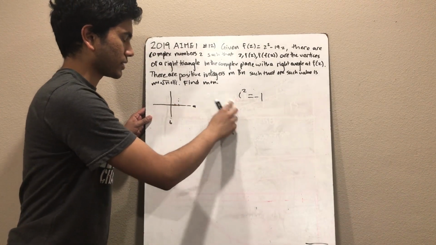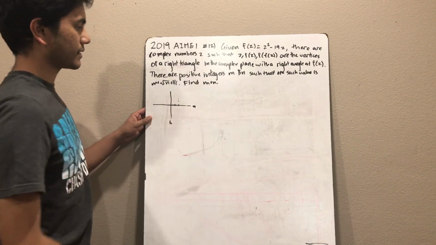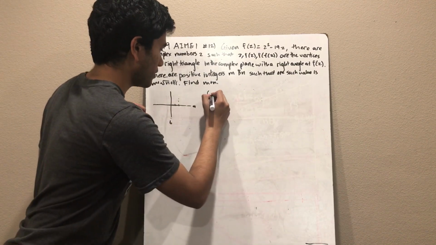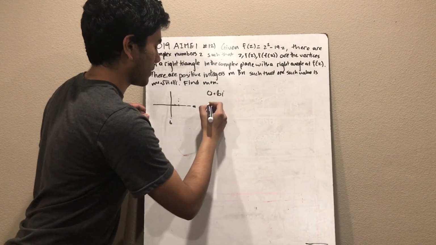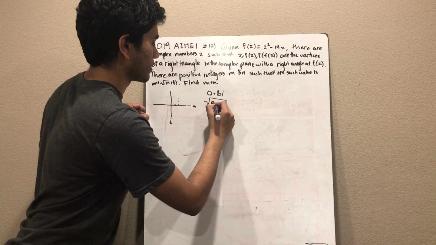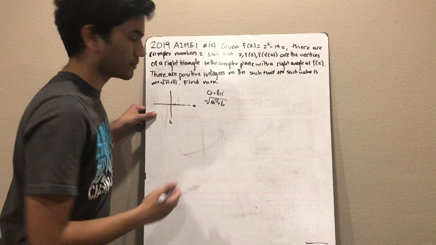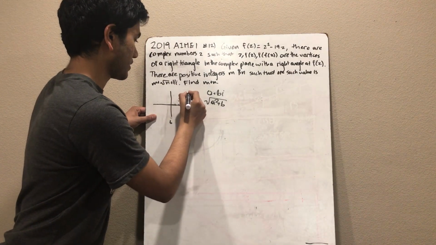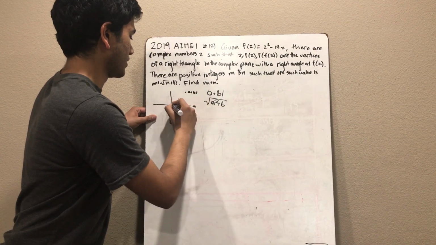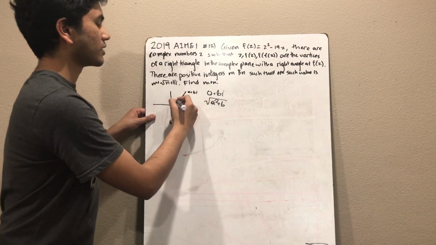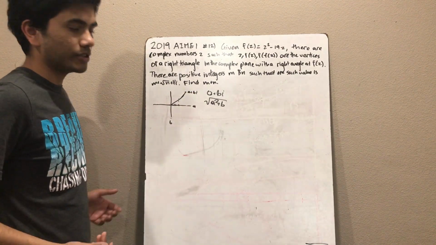So a bit more about complex numbers. If you have a number a plus bi, the magnitude is defined to be the square root of a squared plus b squared. Just think about it in terms of the Pythagorean theorem. This length is the square root of a squared plus b squared.